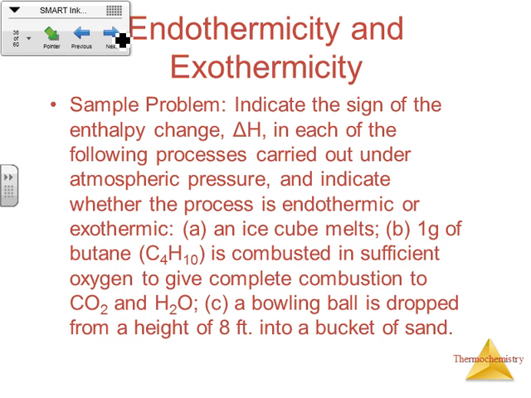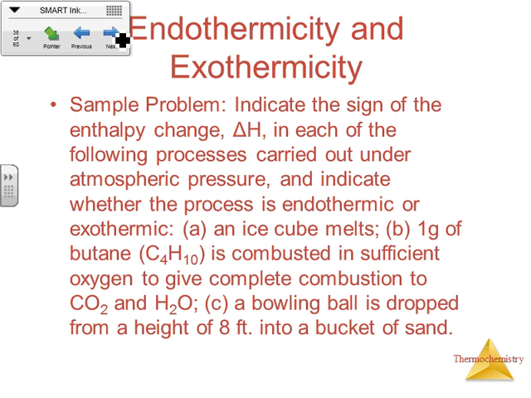All right. Didn't leave myself a lot of room for this one. Indicate the sign of the enthalpy change delta H in each of the following processes. We just have to put a positive or a negative here, so I don't need a lot of room. Indicate whether the process is endothermic or exothermic. Letter A, an ice cube melts.